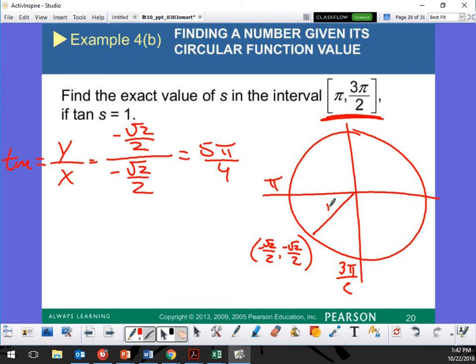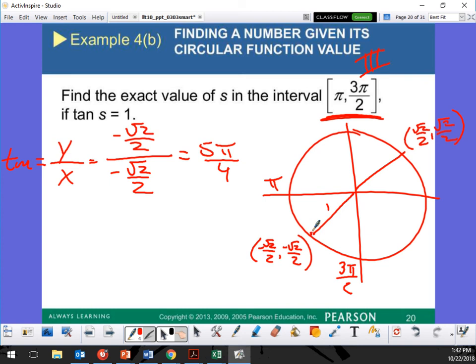Tangent is always going to have the same thing when you have 1 or -1. So this would also give you a positive 1 right here. This would be a positive radical 2 over 2, comma, radical 2 over 2. So tangent would be a positive 1 here also. But since we put it in quadrant 3, down here, that's where we actually are on this one.